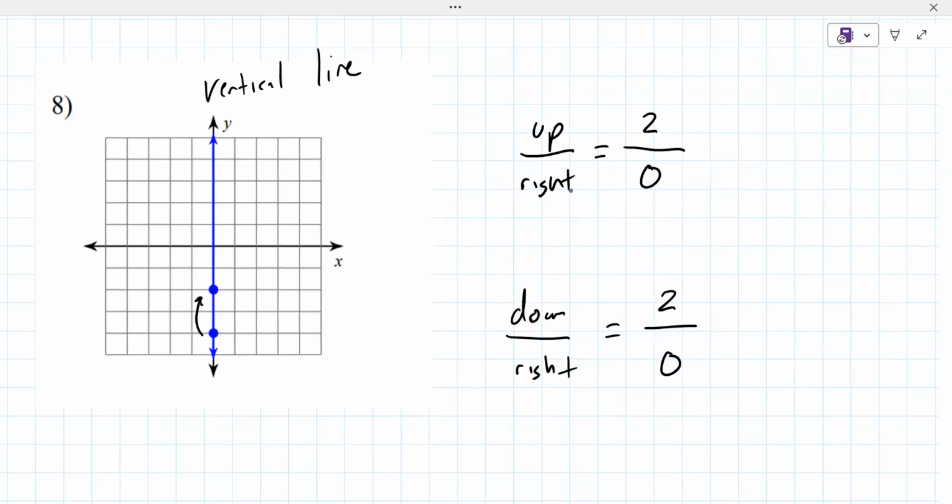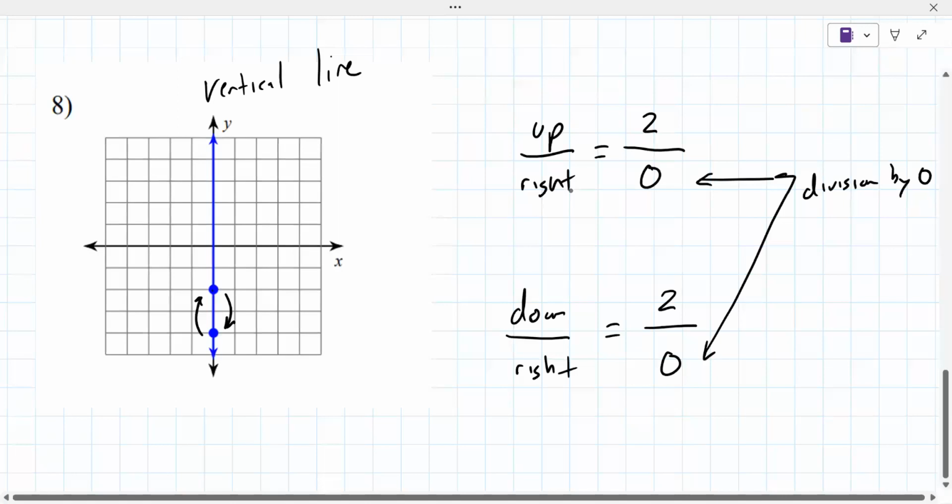So in one case, you're starting from the lower going to the upper, and then the upper to the lower. Do you have to write it a certain way? No, it's the same either way. Okay. So division by 0 is really bad in math.